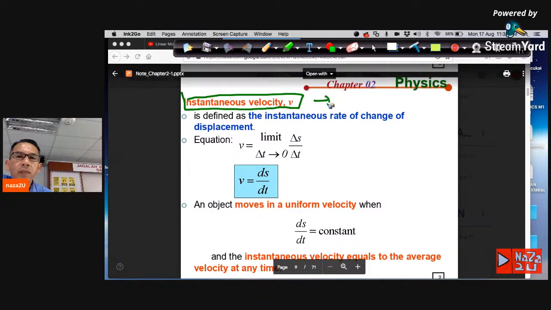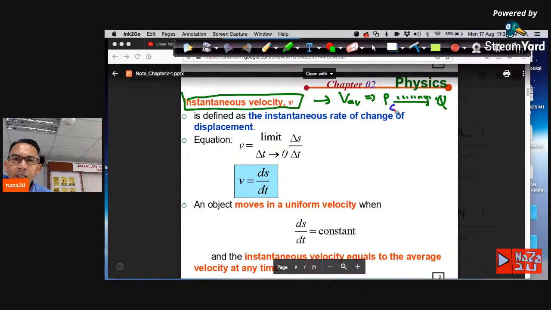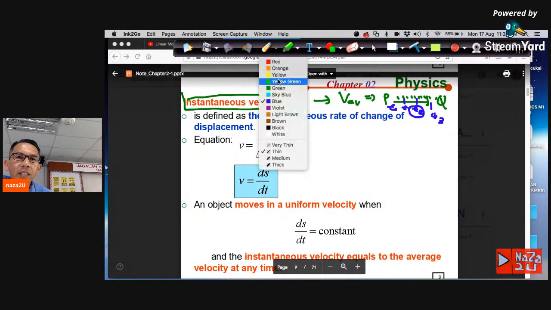If you talk about the average velocity, meaning this is average, from P to Q, we have the average velocity from P to Q. But if you talk about instantaneous, let's say this is T1, this is T2, this is T3, this is T4. We try to find the speed, the velocity at a certain time T.